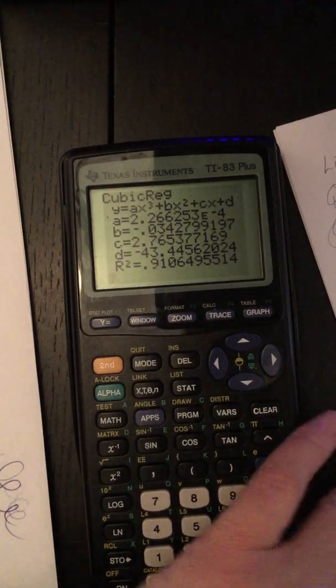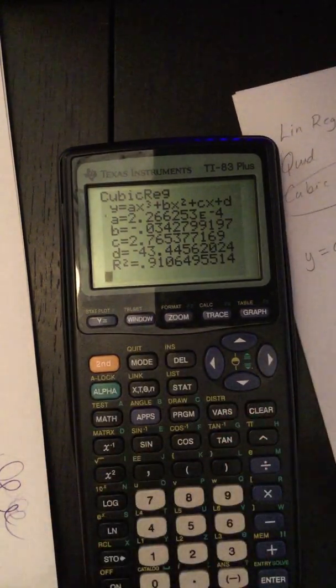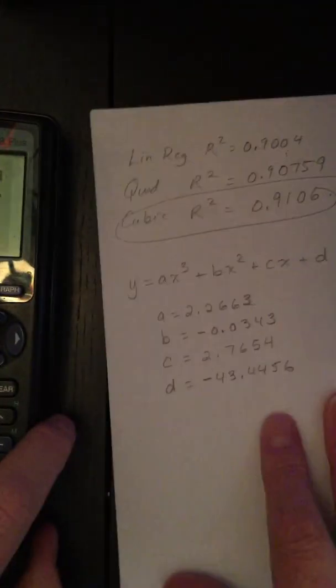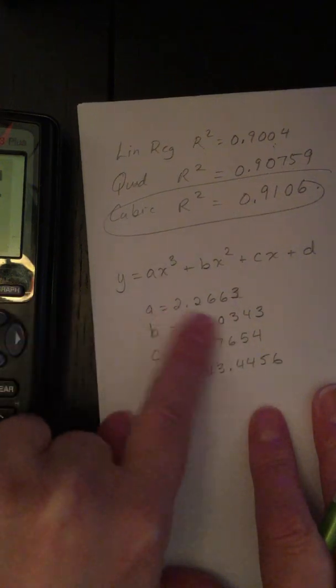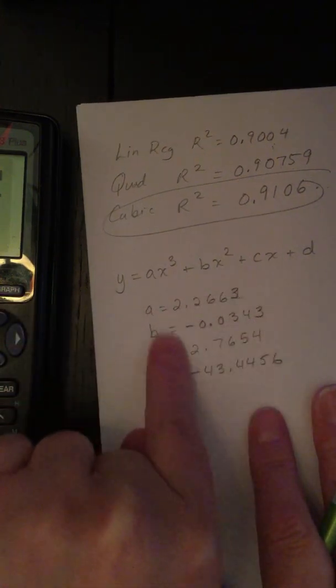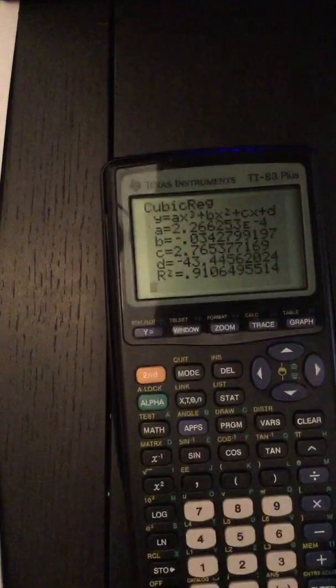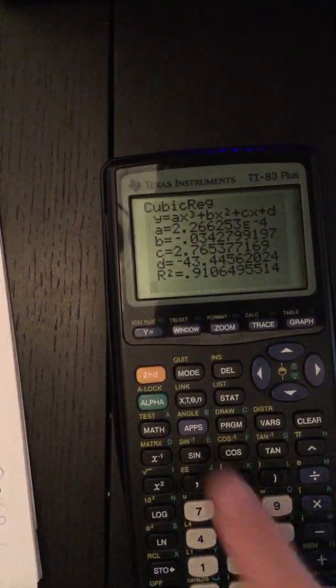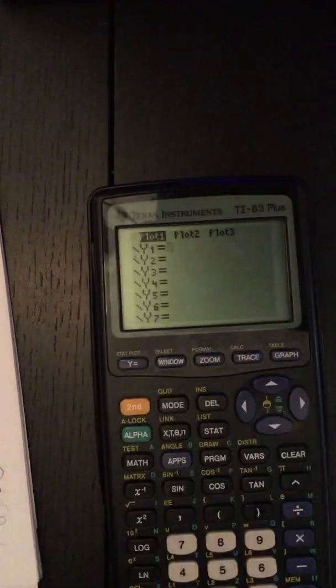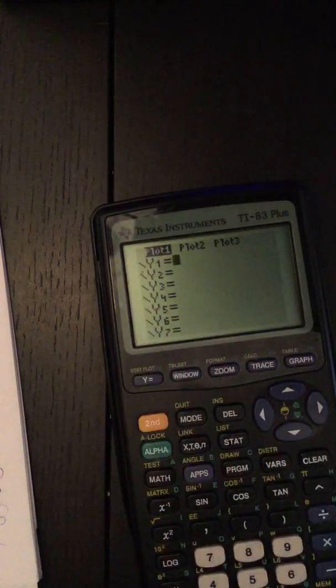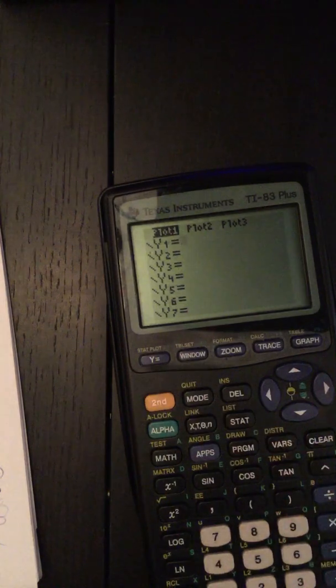So I can substitute all those in, and I can write my equation. So those are my values, and all I have to do is write those in for A, B, C, and D. I leave my x's in there because I want the whole equation. Okay? Once I do that, I can type that in to my calculator. Yes, I know there's a way I'm supposed to be able to just save it right in, but it's not working for me. If you find a way that makes it work, you let me know, okay? So we're going to put that in.